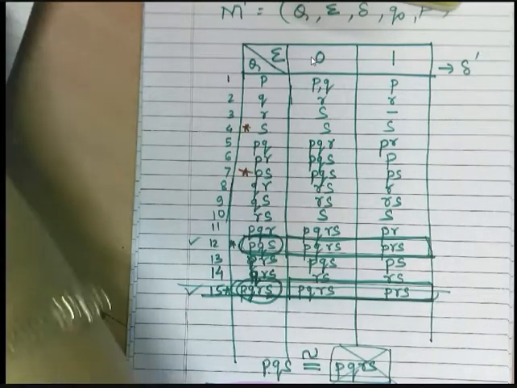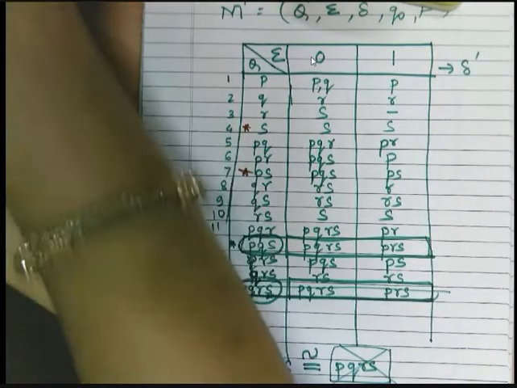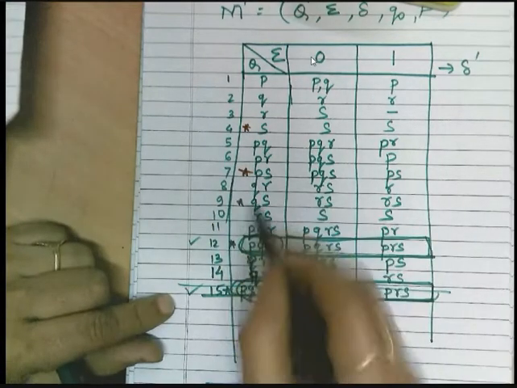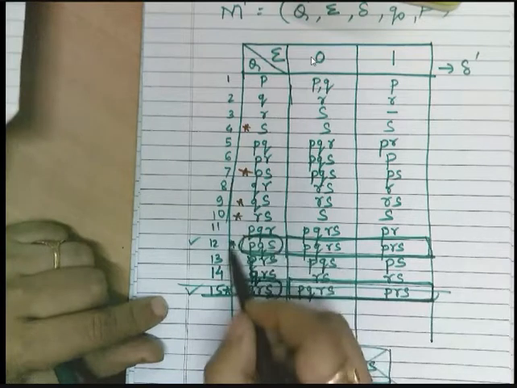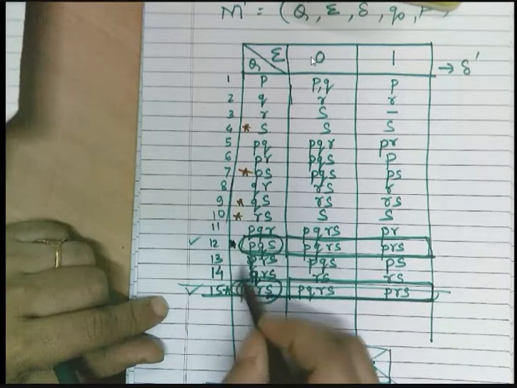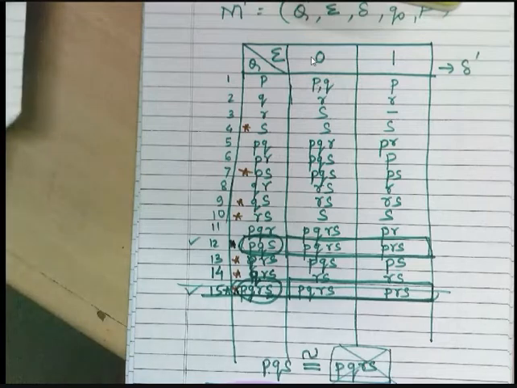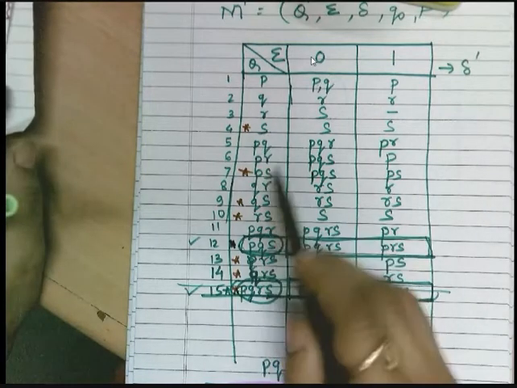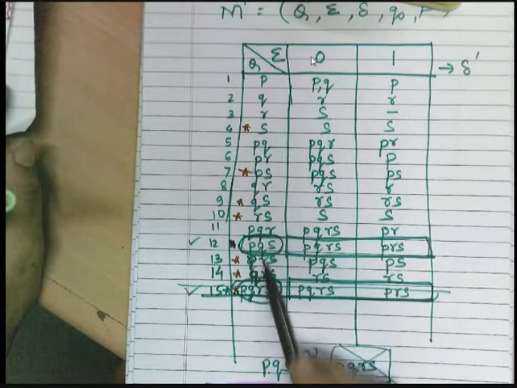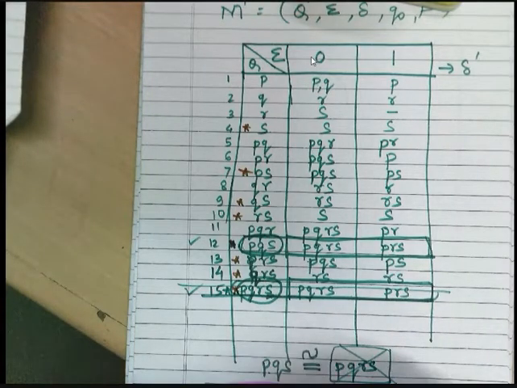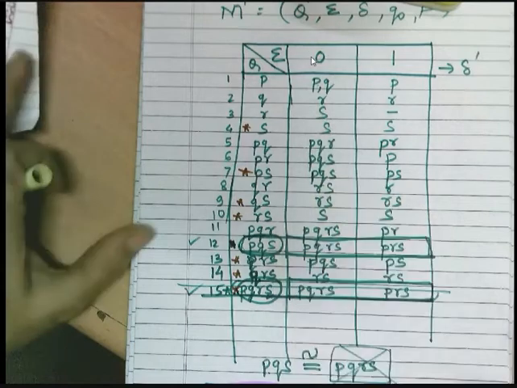Mark every one of them. This, and this. So how many final states are there? 1, 2, 3, 4, 5, 6, 7, 8. I think in your working also, the same thing is there.